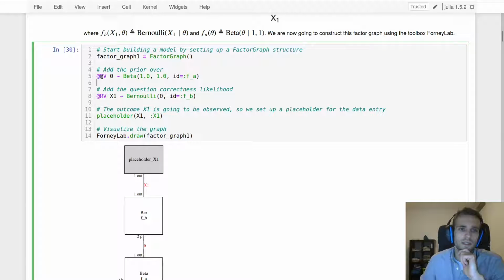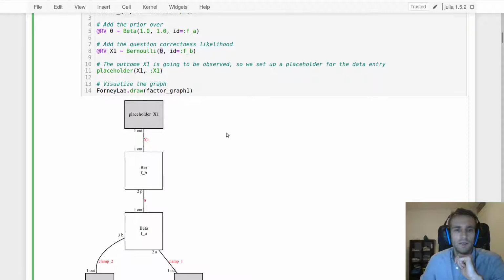So in this case it's random variable, so we're going to add the random variable theta, which is distributed according to a beta distribution. And so this is going to represent the first node. We're going to add another random variable x1, which is distributed according to a Bernoulli distribution whose rate parameter is this theta. So the fact that theta occurs here means that these two nodes are connected.